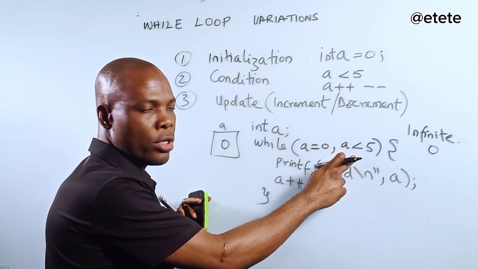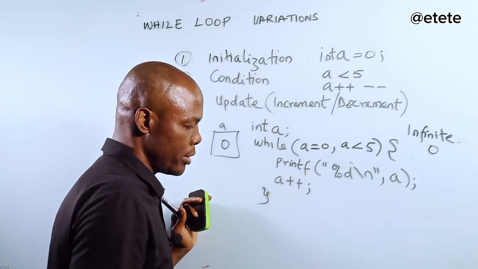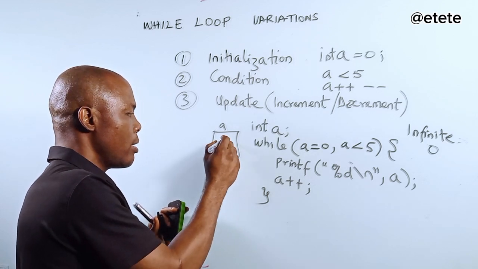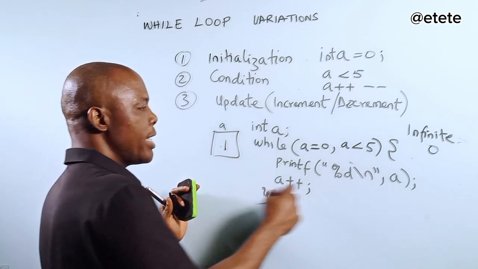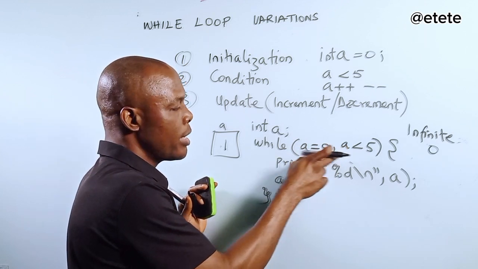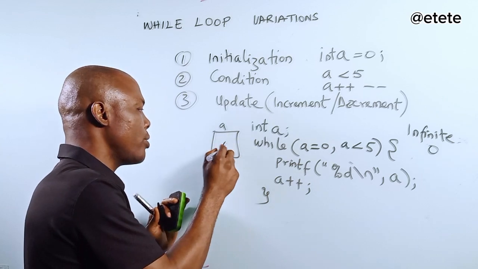Now I test my condition: 0 is less than 5. I go in and print out 0 on the screen. Then I increment A, so this place becomes 1. Then I come in. Inside this loop, I am reassigning 0 back again to A, so this place will become 0 again.